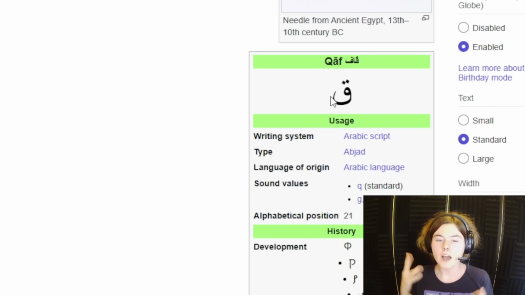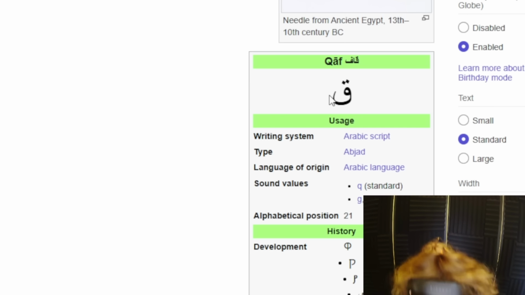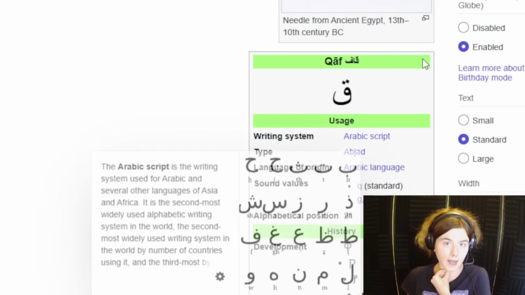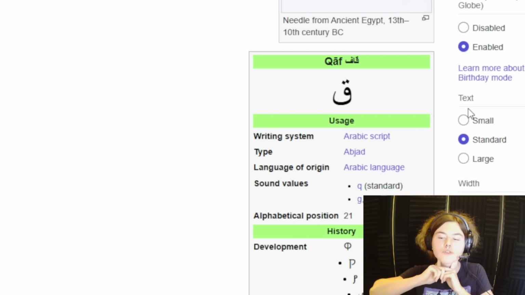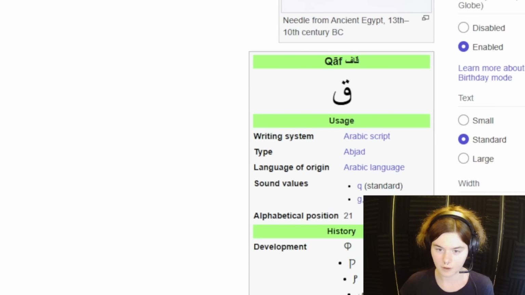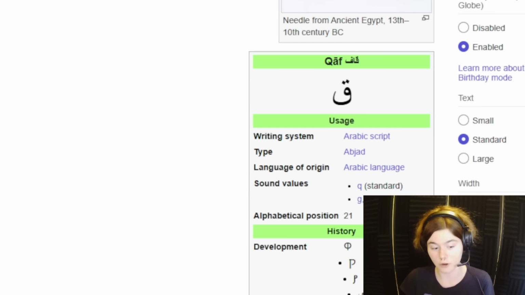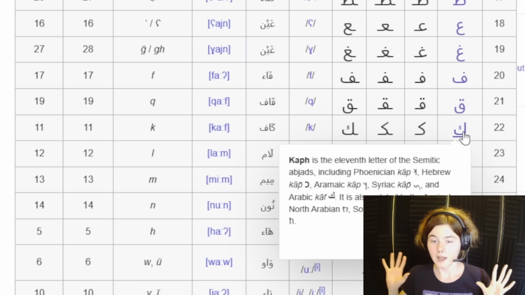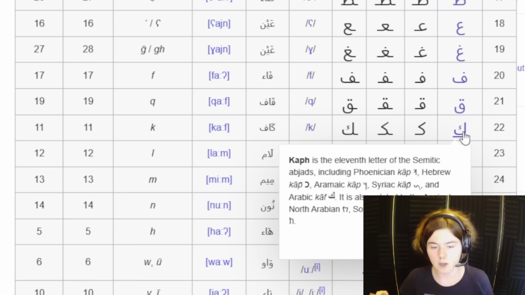Apparently it's like Qaf, except it's very far back and you are touching together some far back area of your throat to your uvula. Qaf. Qaf. It just sounds like I'm saying cough. It's almost like K, but further back in the throat. I'm really struggling with this one. So you already know what that means. Yes, we're smashing.